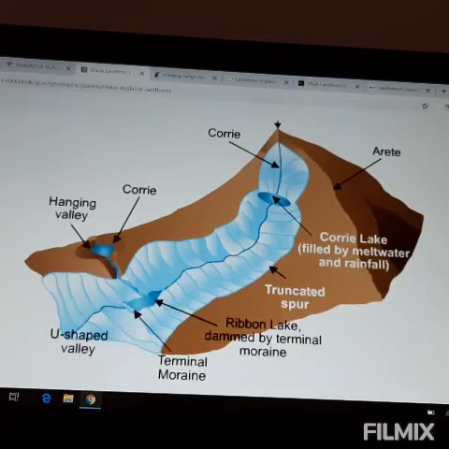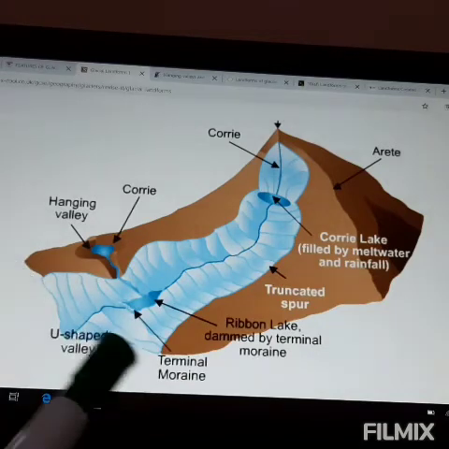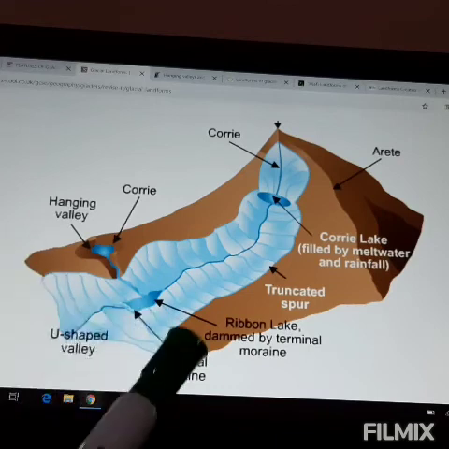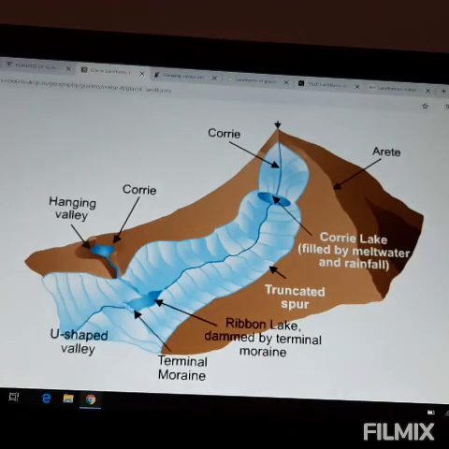And sometimes the V-shaped valley turns broader at the bottom and becomes a U-shaped valley. So these are the landforms formed by glaciers in the mountain regions.